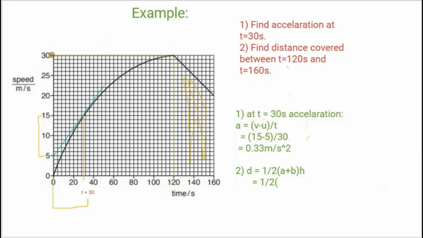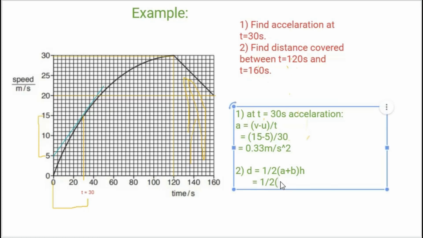That's 30 there, and this one is at 160. This line up with 160 is touching 20. So A will be 30, B will be 20. So 30 plus 20, times height. Now our height is the difference in our time, so it's 160 minus 120, which is 40, as that's our height there.